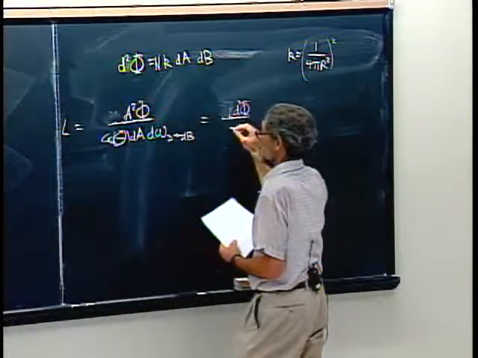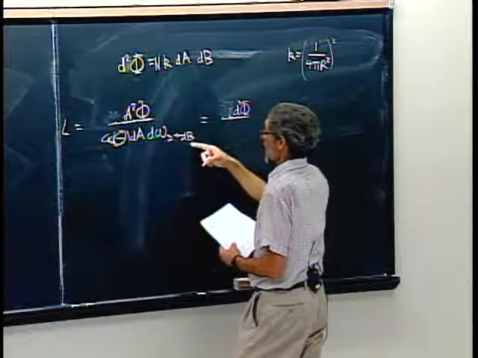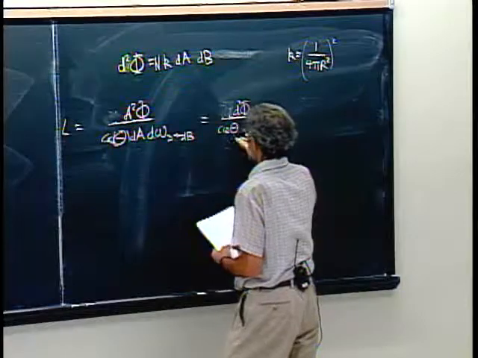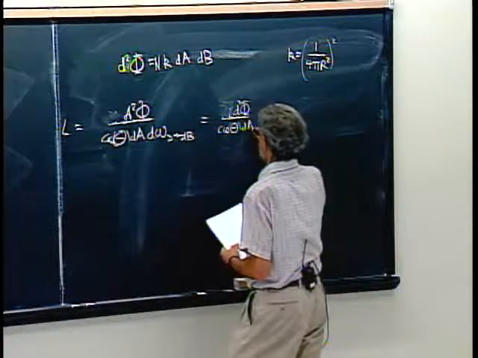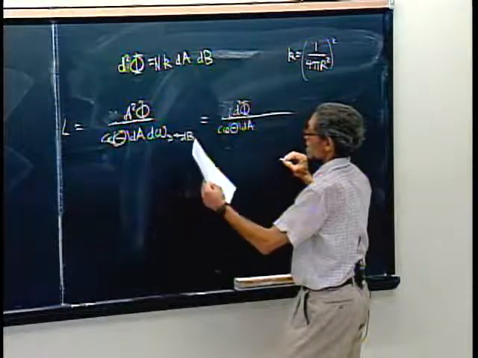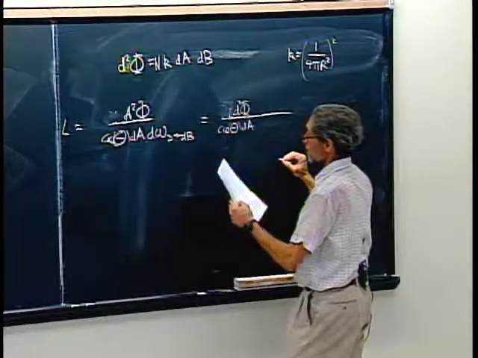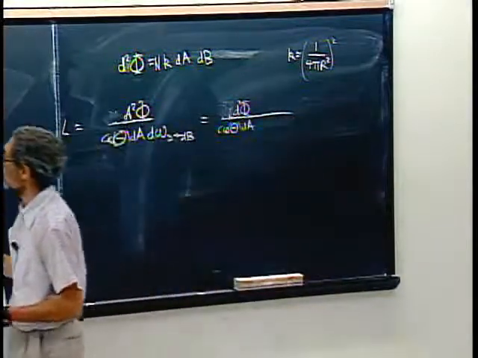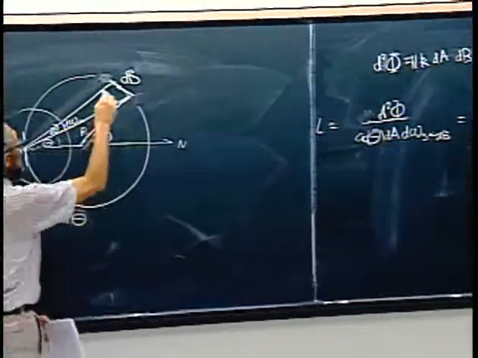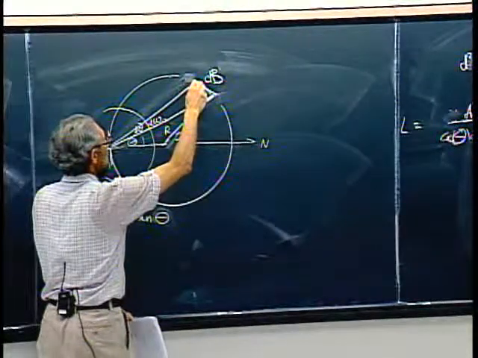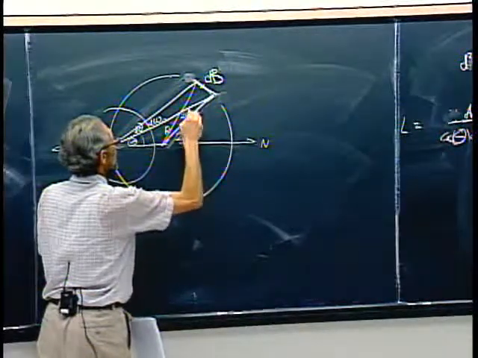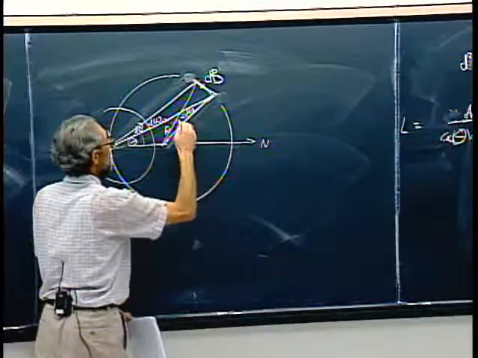This count times this solid angle: this is cosine theta here, dA, and the solid angle I have, let me think. I can find this angle here is twice d theta, right?